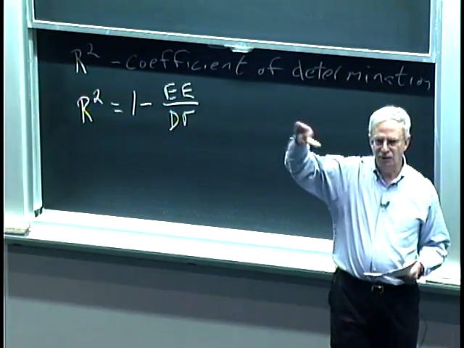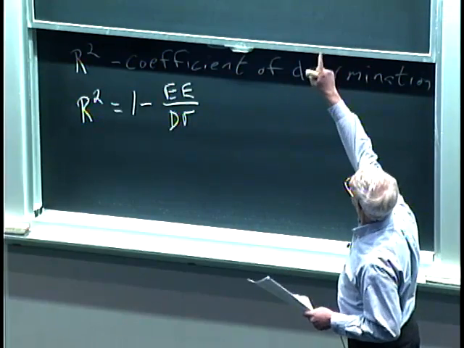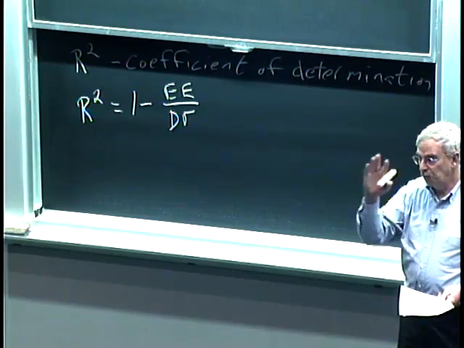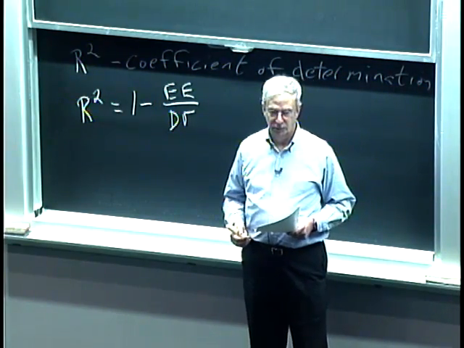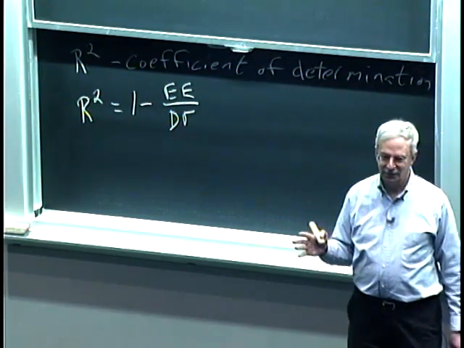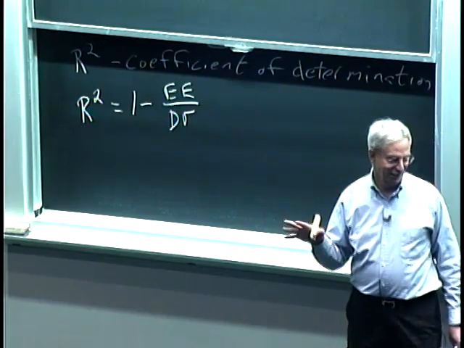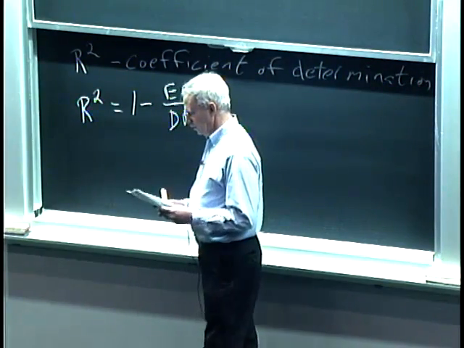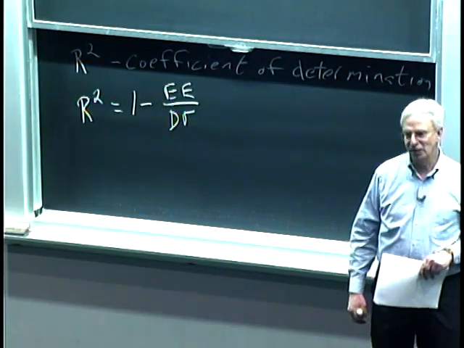I've got some estimated values, some predicted values, if you will, given to me by the model, either the line or the parabola in this case. And I've got some real values corresponding to each of those points, and I can look at the difference between the two. And that will tell me how much difference there is between the predicted data and the measured data in this case. And then I want to divide that by the variance in the measured data, the data variance.